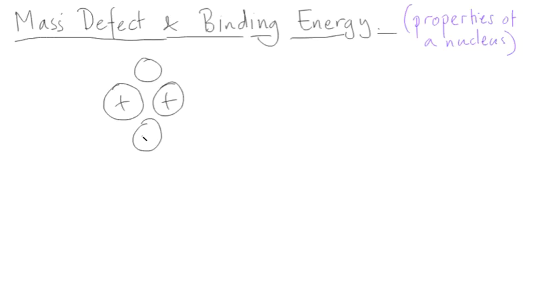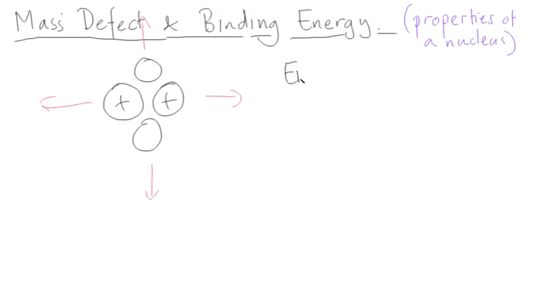So in order to pull them apart, what do we have to supply? What do we have to give the system? Energy, right? So in order to pull the whole thing apart, we need energy.